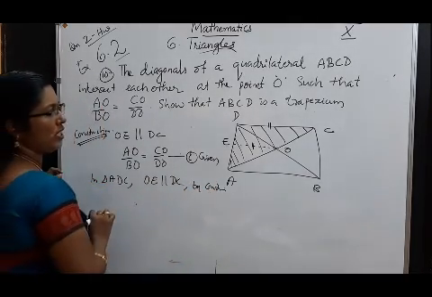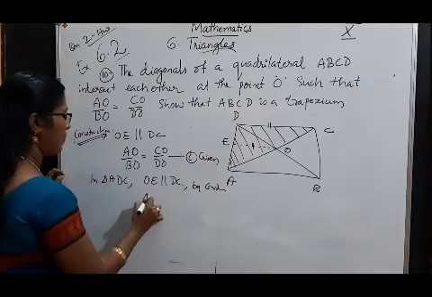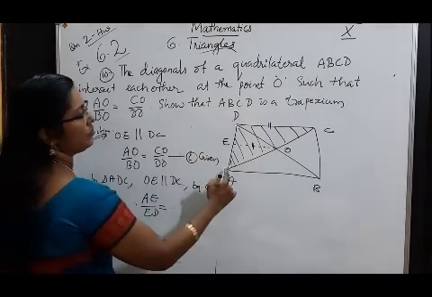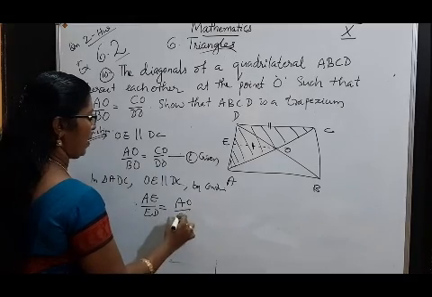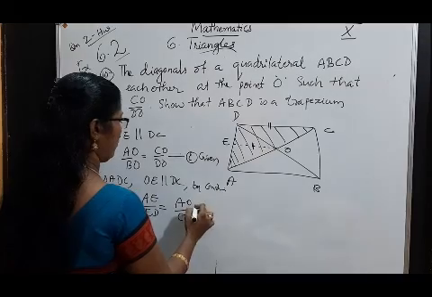By basic proportionality theorem, we can write AE by ED equal AO by CO. Equation number 2.